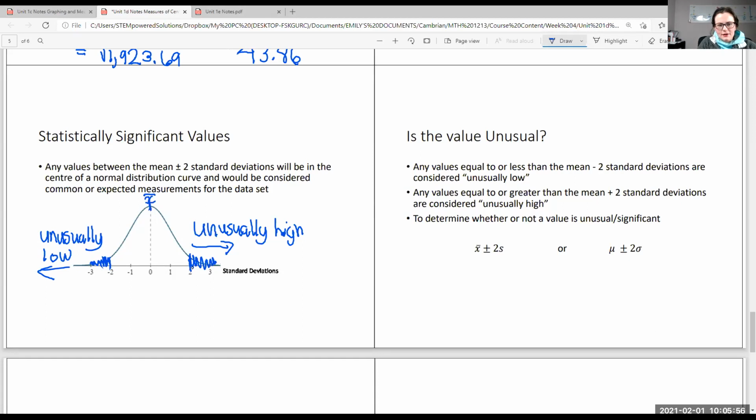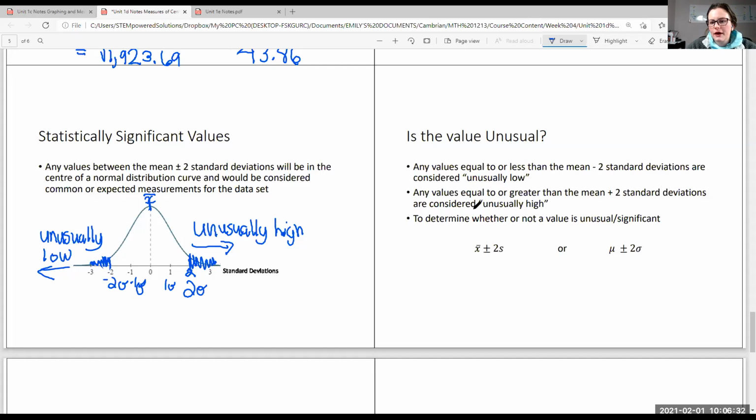X bar is always in the center of a normal distribution. So this is negative 2 sigma, this is 2 sigma. So this is 1 sigma from the mean. This is negative 1 sigma right here. So any values equal to or less than the mean minus 2 standard deviations are considered unusually low. Any values equal to or greater than the mean plus 2 standard deviations are considered unusually high.